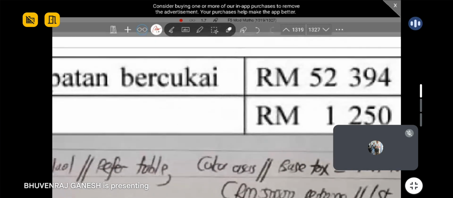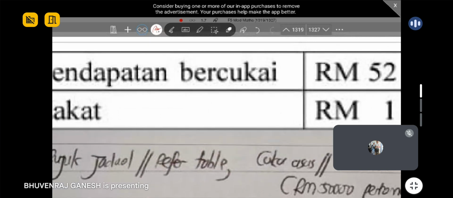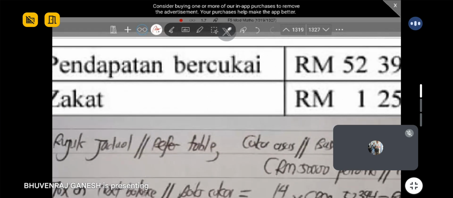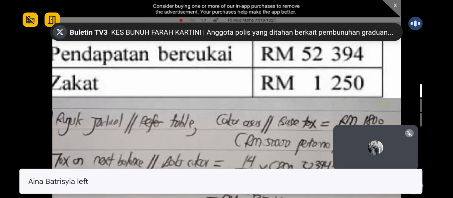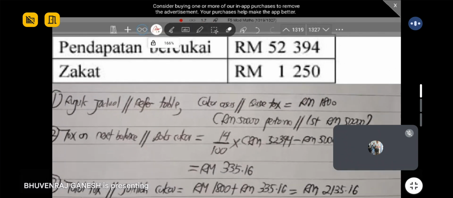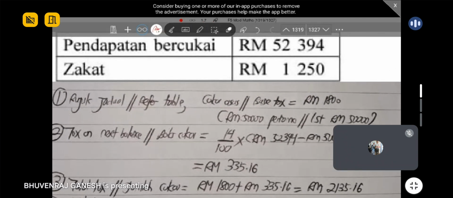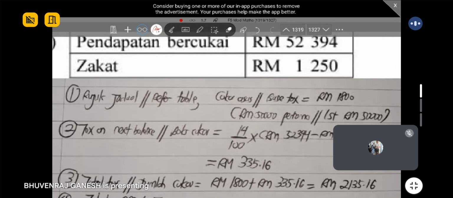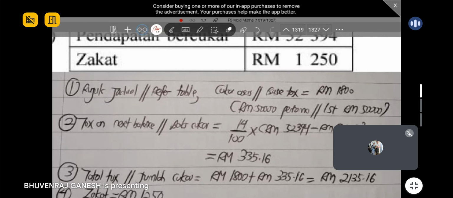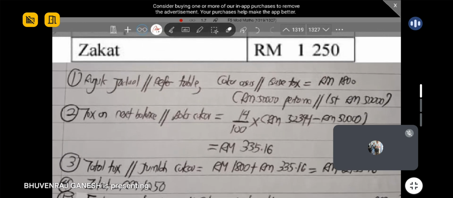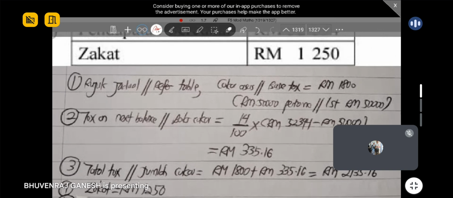So yeah, this one also the same question, same type. So basically, the steps are exactly the same. First step, refer table, rujuk jadual, get your base tax. Second step, tax on next balance, baki cukai. Third step, total tax, jumlah cukai. Fourth step, you have zakat.